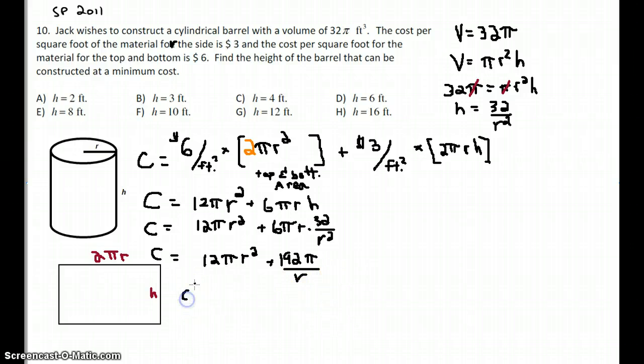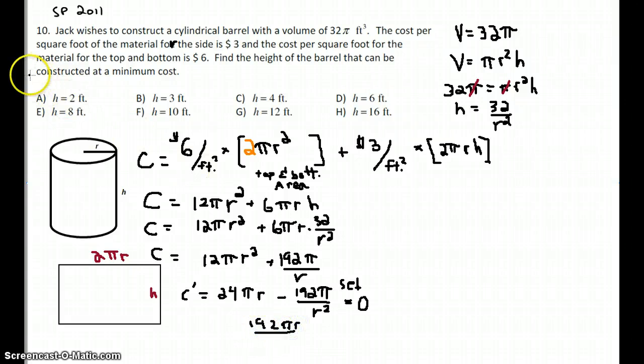I'm going to take the derivative of that. We get 24 pi r minus 192 pi over r squared. And we're going to set that equal to 0, so that we get 192 pi over r squared equals 24 pi r.